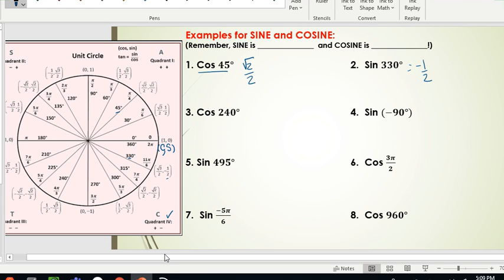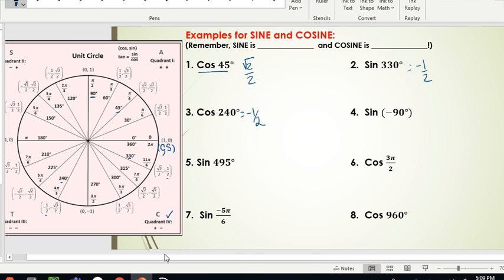To find the cosine of 240, I go to 240, it's right there. Cosine is the first one, it's negative 1/2. Then I'm going to find the sine of negative 90. Now, I want to show you this, it's really cool. Here's 90 degrees.